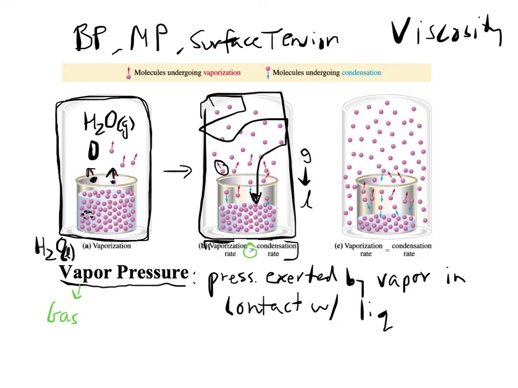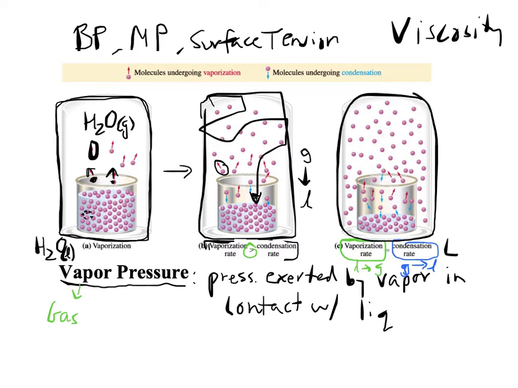But eventually, over time, these two rates are going to equilibrate, and the rate of vaporization of molecules turning from a liquid into a gas is going to become equivalent to the rate of condensation, where gas molecules turn into a liquid. And at this point, this is called equilibrium, when the rates are equal, okay?